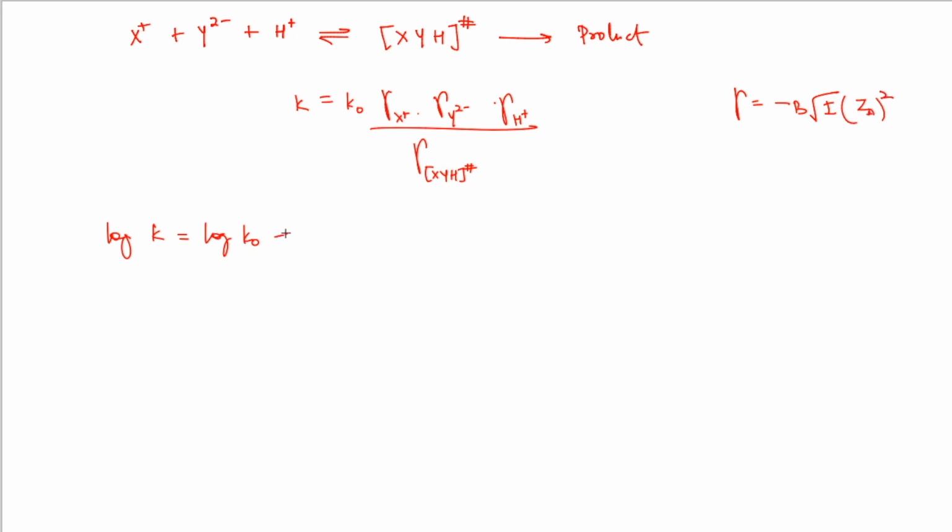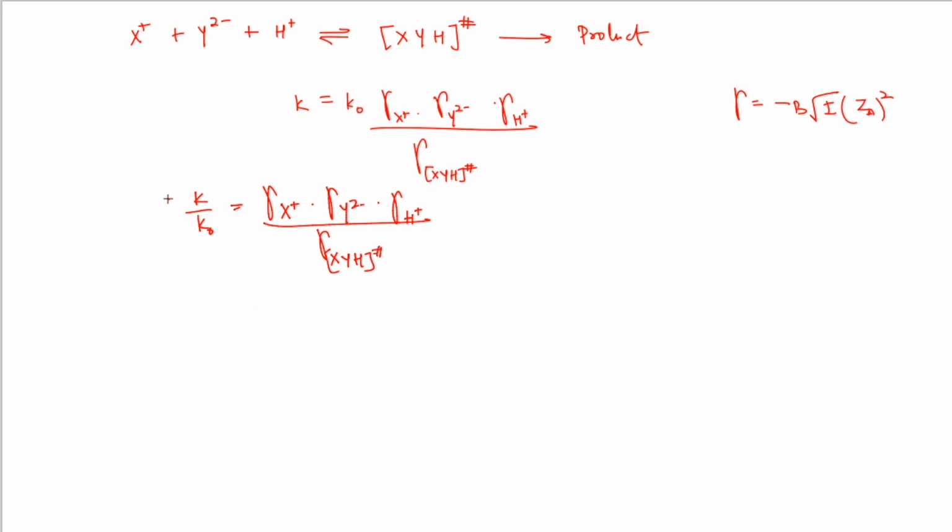When you are taking logarithmic, let's make the calculation much easier. We will take k upon k naught is equal to gamma x plus into gamma y2 minus into gamma h plus divided by gamma x y h hash.